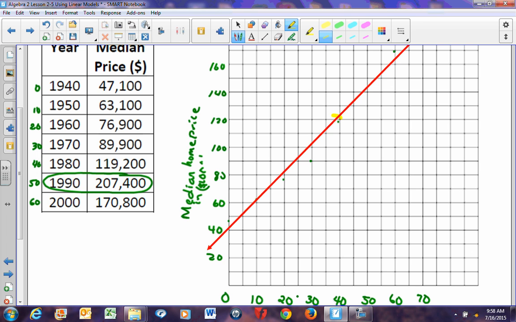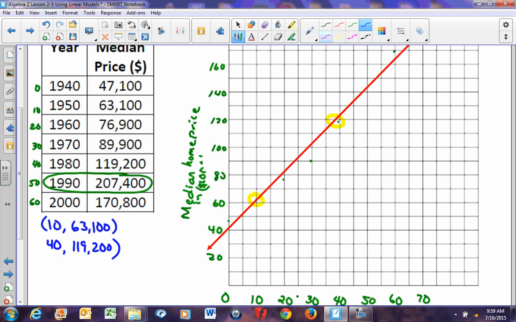Maybe this point here and this point here look like they're pretty close to where my trend line is. So if I choose those 2 points there, okay, I have 10, 63,100. And then I have, in my case here, 40, 119,200.